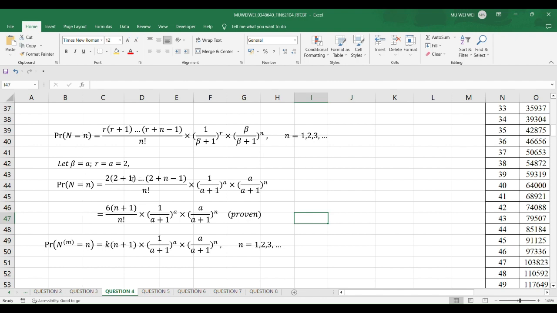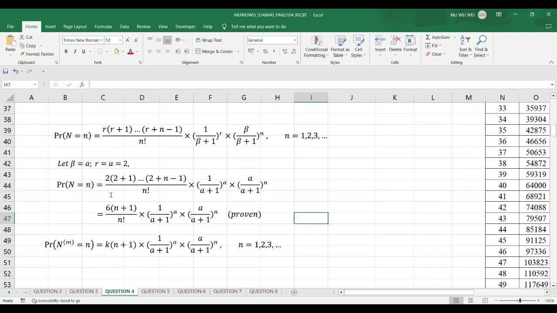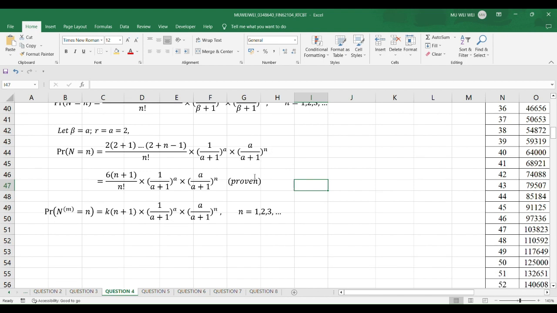So I let beta equal a from this part, and r equals 2. Then the probability of N equals n is 2 times (2 plus 1) times until (2 plus n minus 1), divided by n factorial, times (1 over a plus 1) to the power of a, times (a over a plus 1) to the power of n.